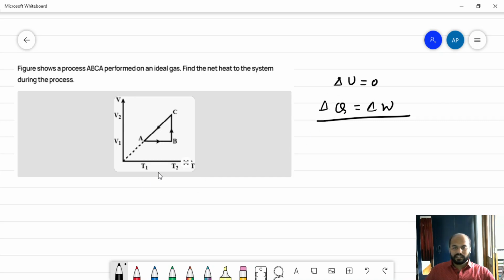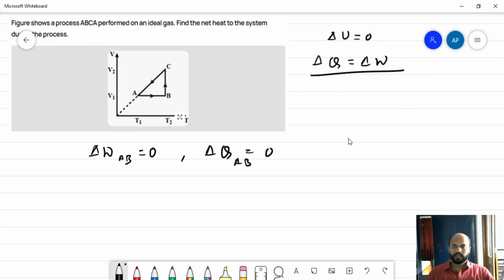So let's consider for that matter process AB first. Now process AB, as you can see, is a constant volume process, because this line is parallel to the axis and it's having a constant volume V1. So delta W for process AB is going to be 0, and obviously delta Q is also 0 for that process. Let's take up process BC.